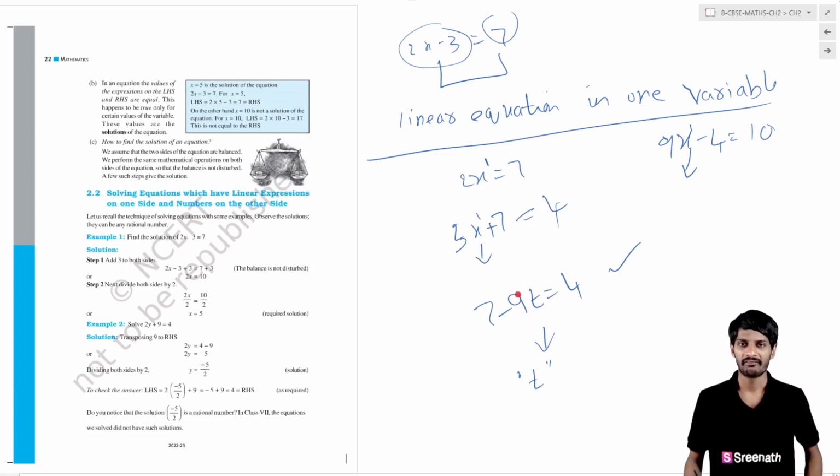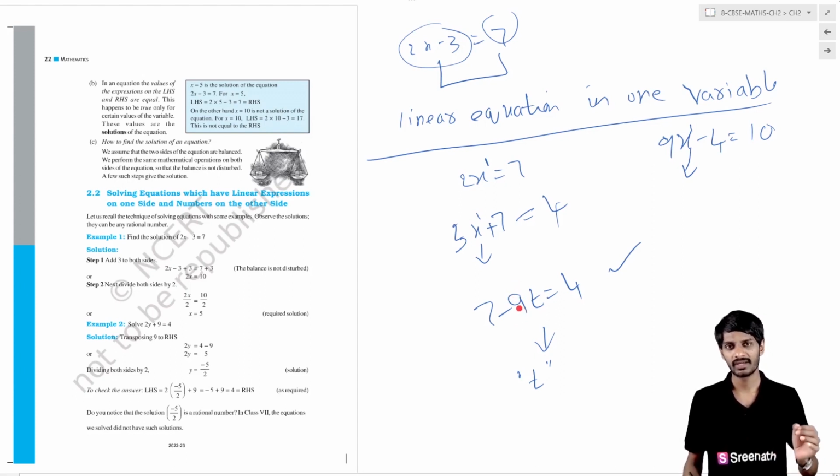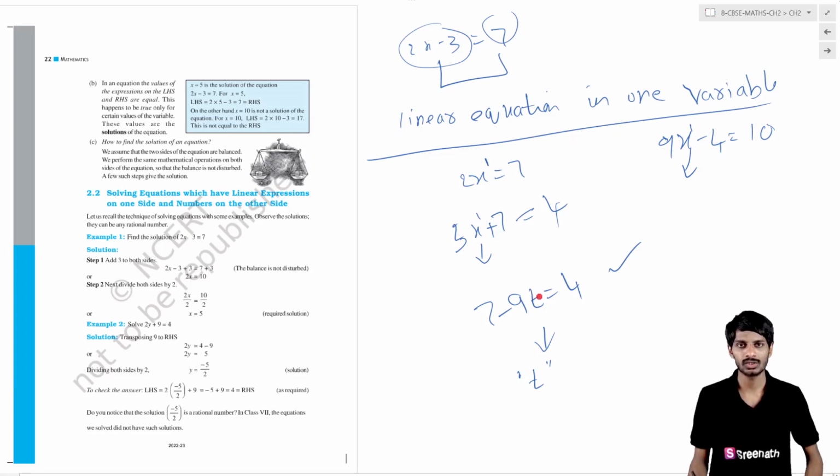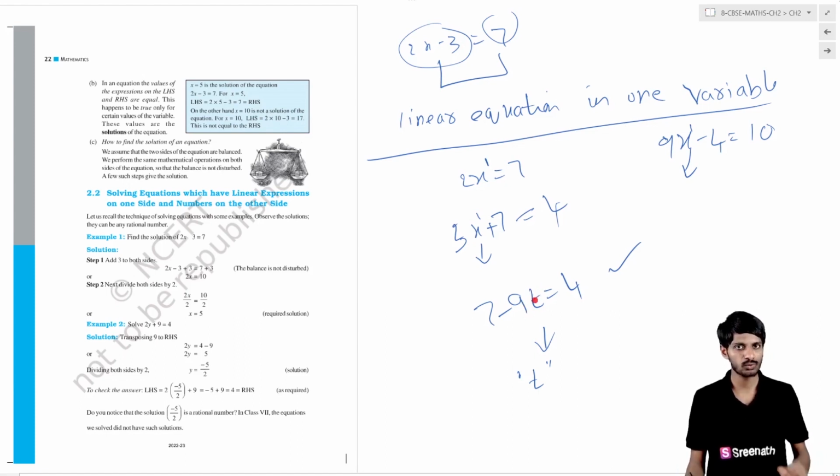Why? Because variable means its value will be varied, its value will be changed. If the value of anything is not known and that value may change, then we call that a variable. So here the value of t we don't know and it can change, so we call it a variable.